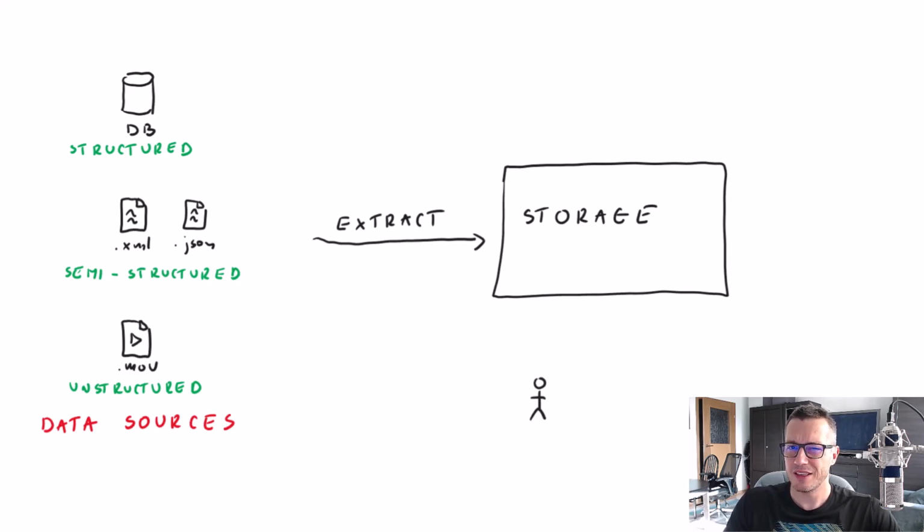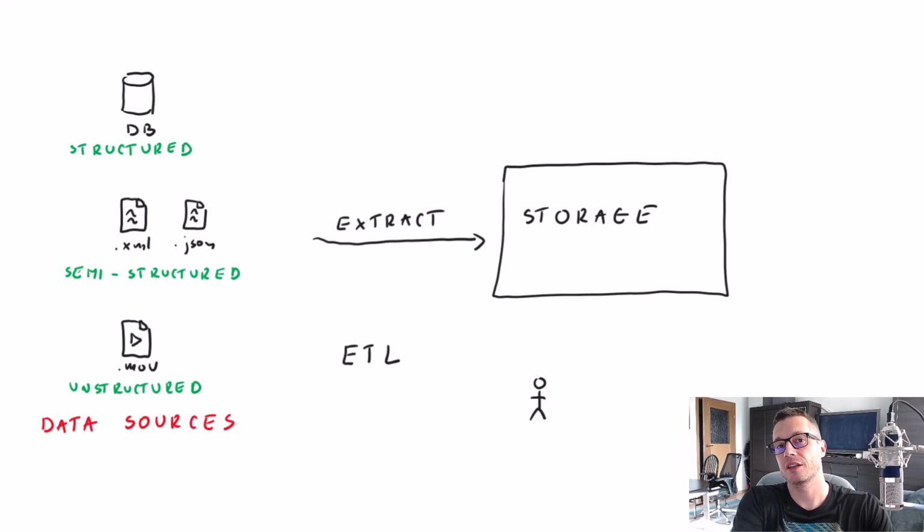But those users need this early access to the data that in case of relational databases is rather not possible. So at the end, what we did was to switch from this traditional ETL approach, and ETL stands for extract, transform, and load, those three stages that we were doing in the past.